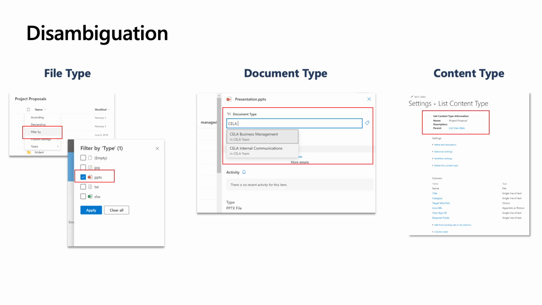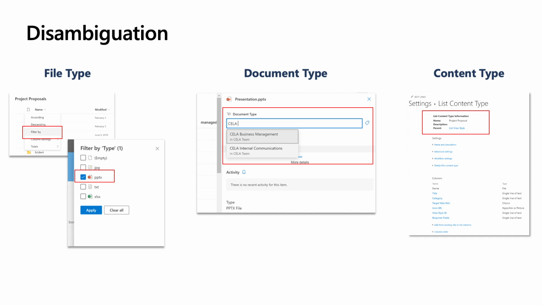It's easy to get confused between and use the terms file type, document types, and content types interchangeably. So let's disambiguate this before moving forward. On SharePoint, a file type refers to an application-based file type of the file, such as docx, pptx, and xls, and so on.